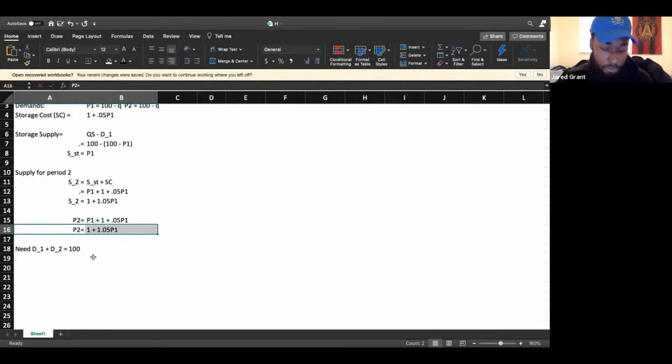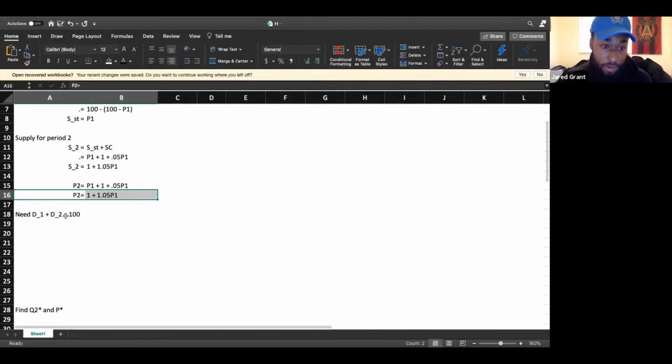Cool. So now we've got to find D1 and D2, the demands. We know that D1 plus D2 equals 100, and we're trying to now find our stars. But quick question, why do we need D1 and D2 to equal 100? What does that mean?